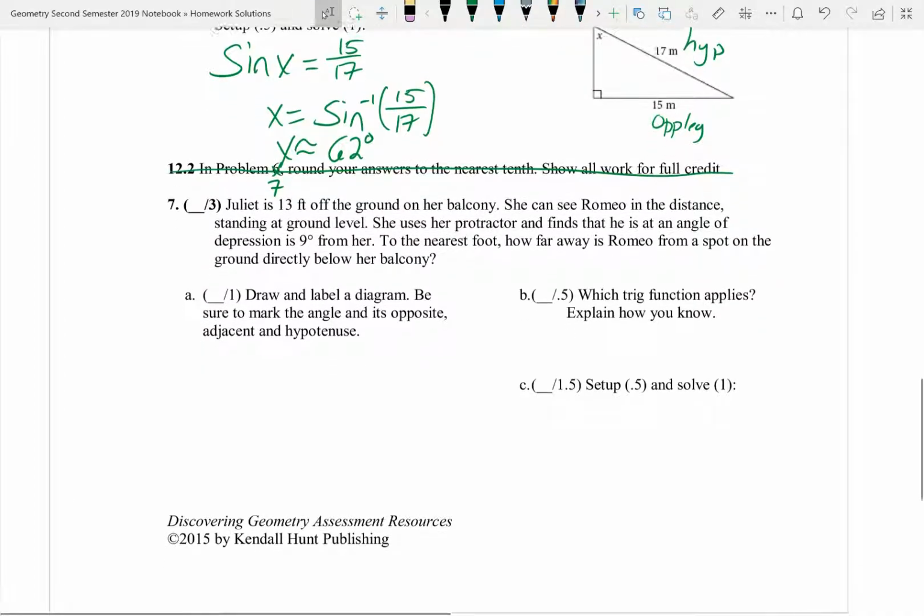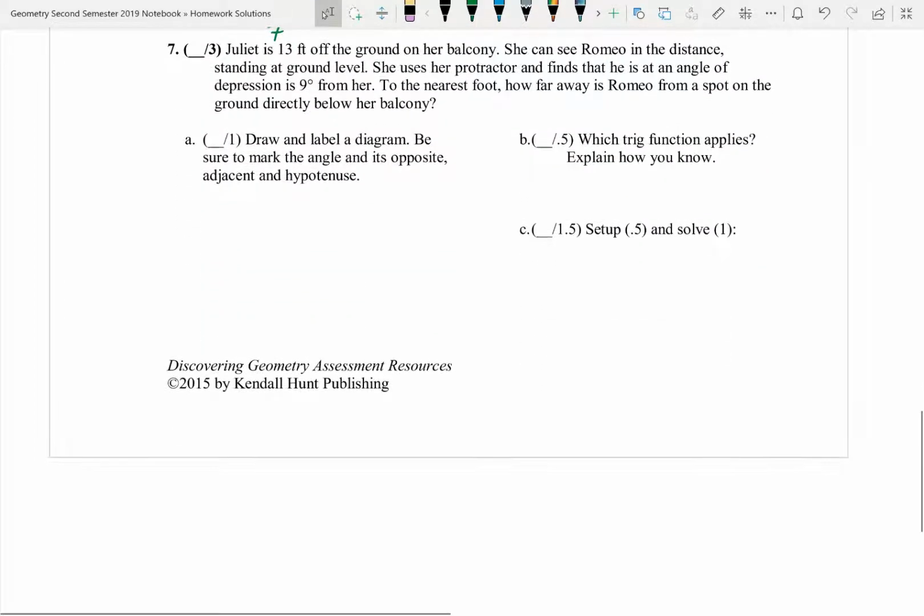All right. So if you have the white version, instead of 13 feet, you have a different amount. Instead of 9 degrees, you have a different angle. But the process is the same, and a lot of it will be the same. So we're going to draw the diagram, first of all. So Juliet is 13 feet off the ground. And then here is Romeo.